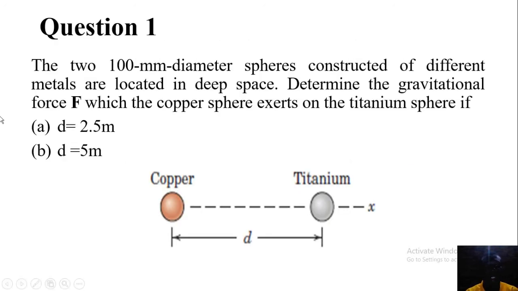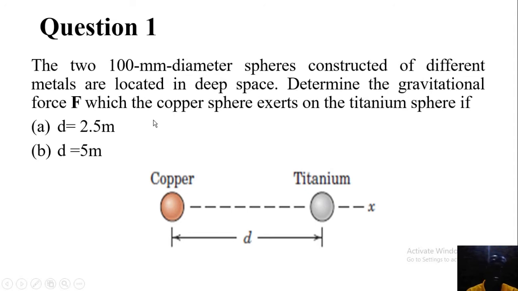Now let's take a look at this problem and try to solve it. The question reads: the 200 millimeter diameter spheres constructed of different metals are located in deep space.